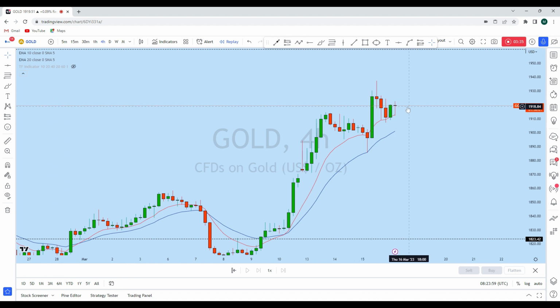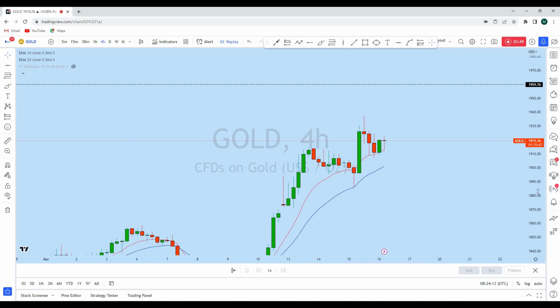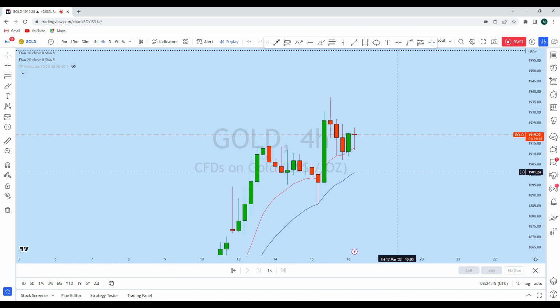Now this is the lower time frame. Let's see where we can find trading opportunities in the upcoming times. As you can see, once this market rejected from the 20 period moving average on the 4 hour, it created this impulse. Again, the price is in a pullback phase. If you look closely, the price has formed a structure at this level.